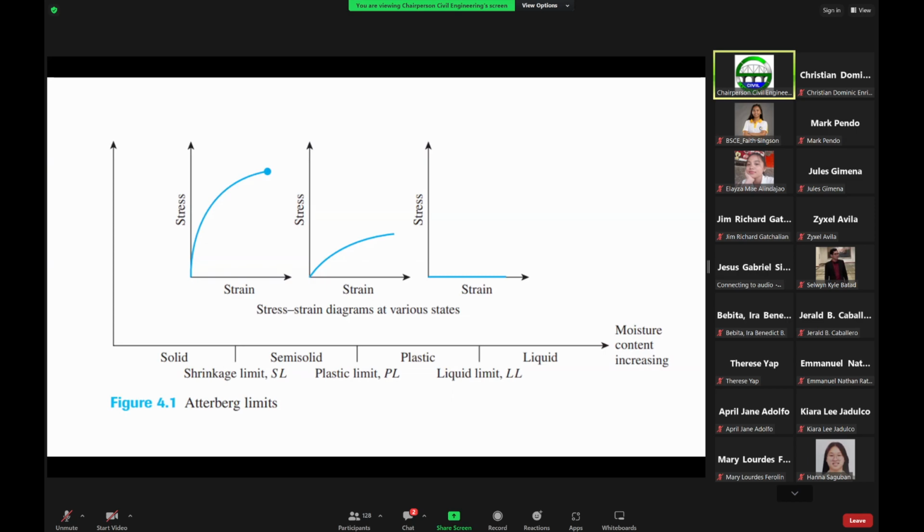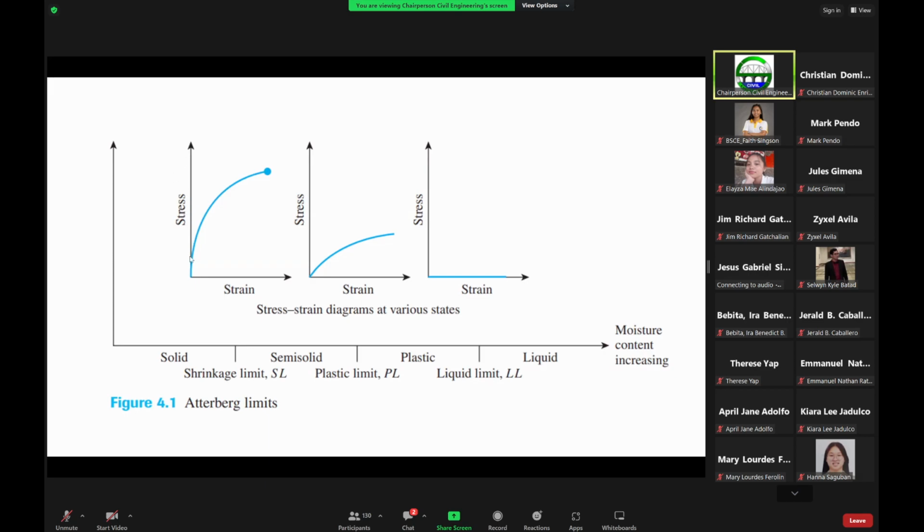Now, with respect to the stress-strain diagram, the x-axis is your moisture content in the increasing direction. Depending on where you are, for example, if your soil is in the shrinkage limit state, from the solid to the semi-solid state, and you test that soil material in the triaxial test, which we'll discuss later on, then the stress-strain diagram will look something like this.